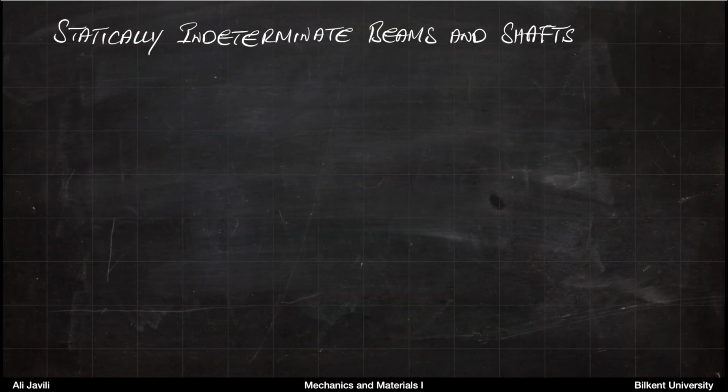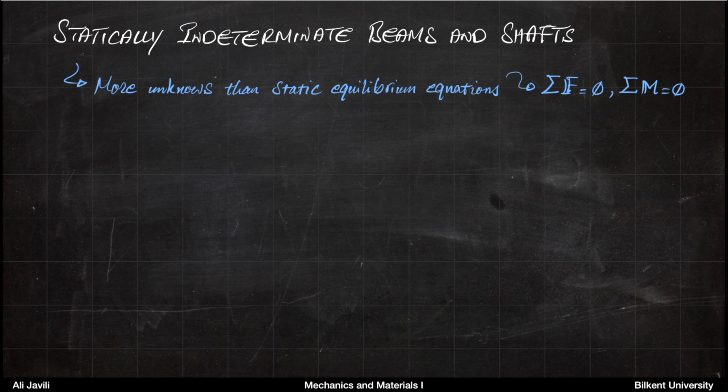All right, so the next topic we want to talk about is statically indeterminate beams and shafts. Again, the term statically indeterminate in this type of problems, similar to the previous problems, exactly identifies that we have more unknowns than static equilibrium equations.